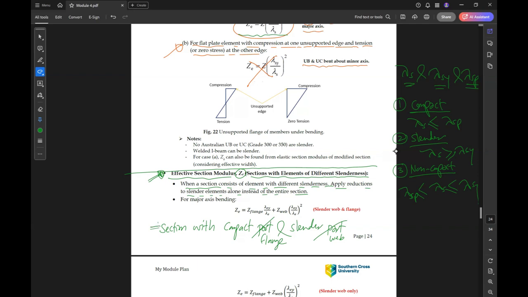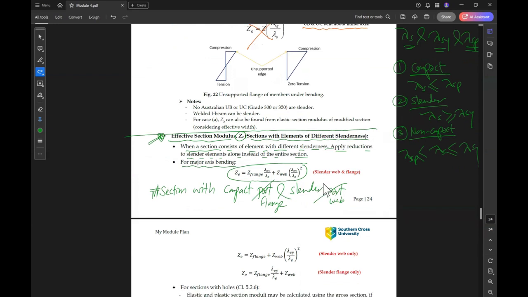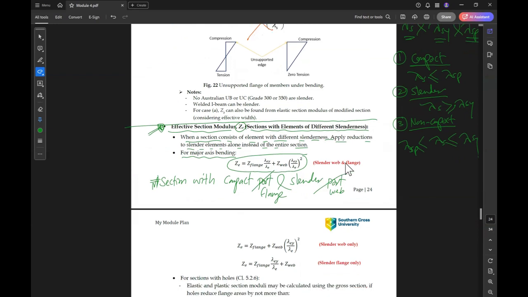So you need to find it from this formula here. Z effective will be Z flange times lambda ey over lambda e, plus Z web times lambda ey over lambda e, all squared. This is if the web is slender and the flange is slender.